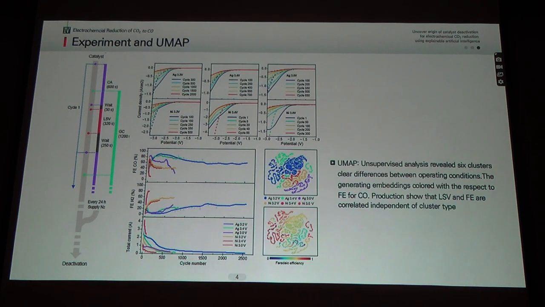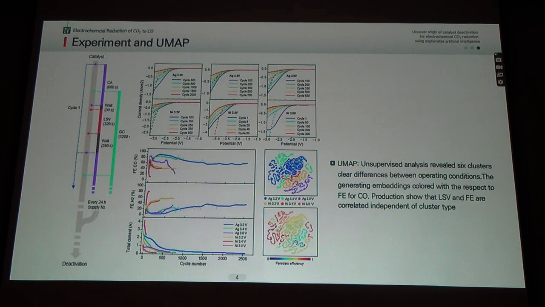On the right side, we have the UMAP, uniform manifold approximation and projection. This is feature reduction. We would like to go from the higher dimension to the lower dimension, and visualize our whole data set in 2 dimensions. And this shows that the LSV and Faraday efficiency are correlated independent of the cluster type.